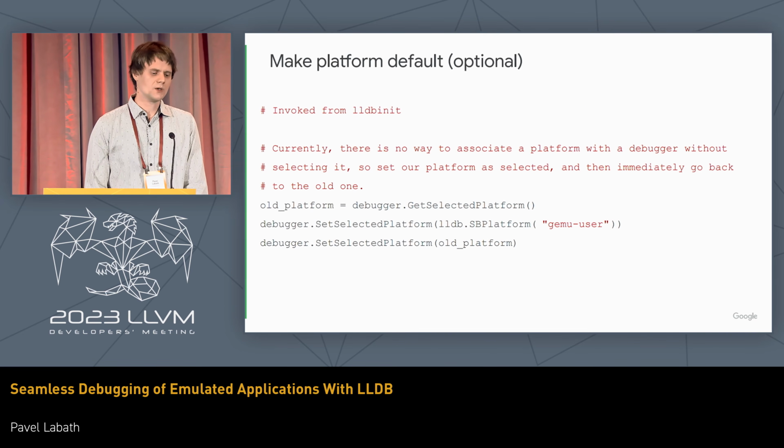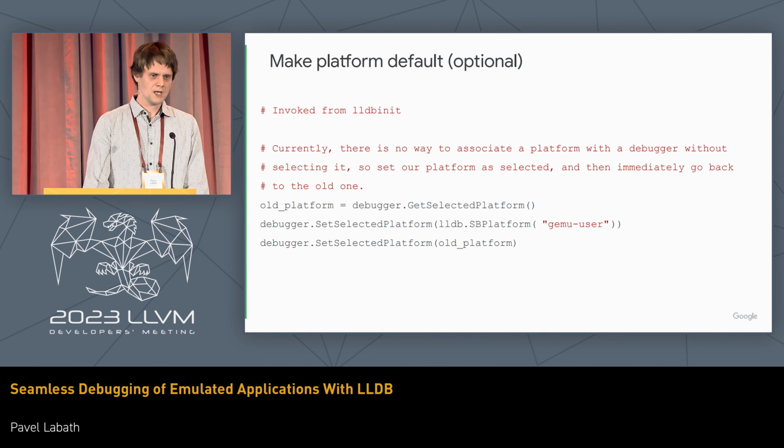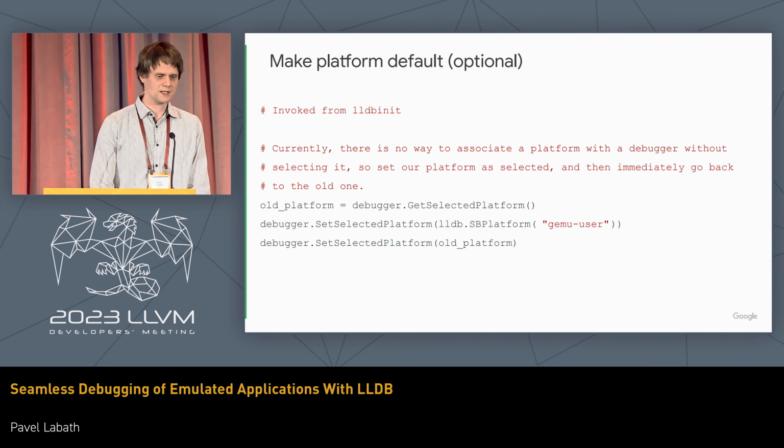Finally, what we wanted to do is to make our platform the default for LLDB, so that whenever the user opens up an AArch64 application, it will automatically begin debugging with our emulator.